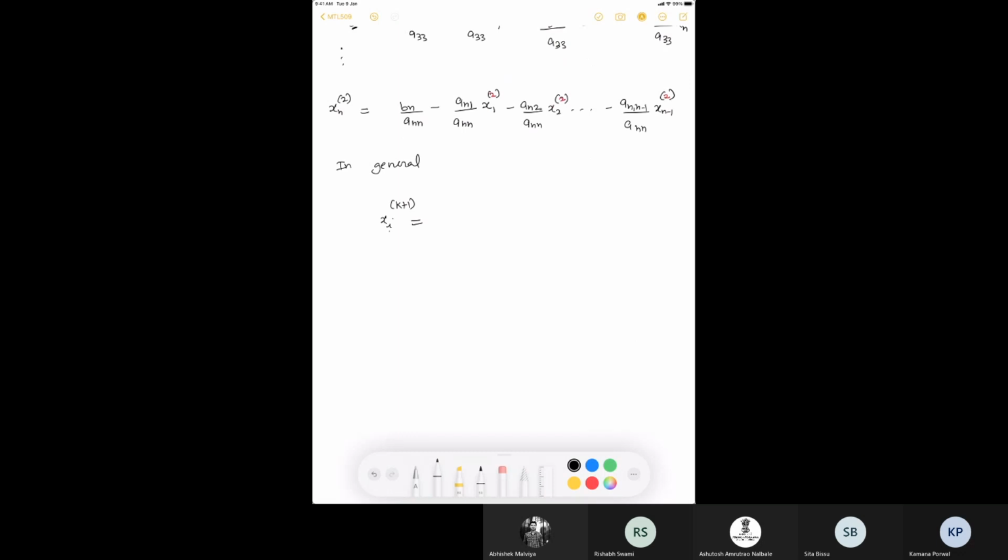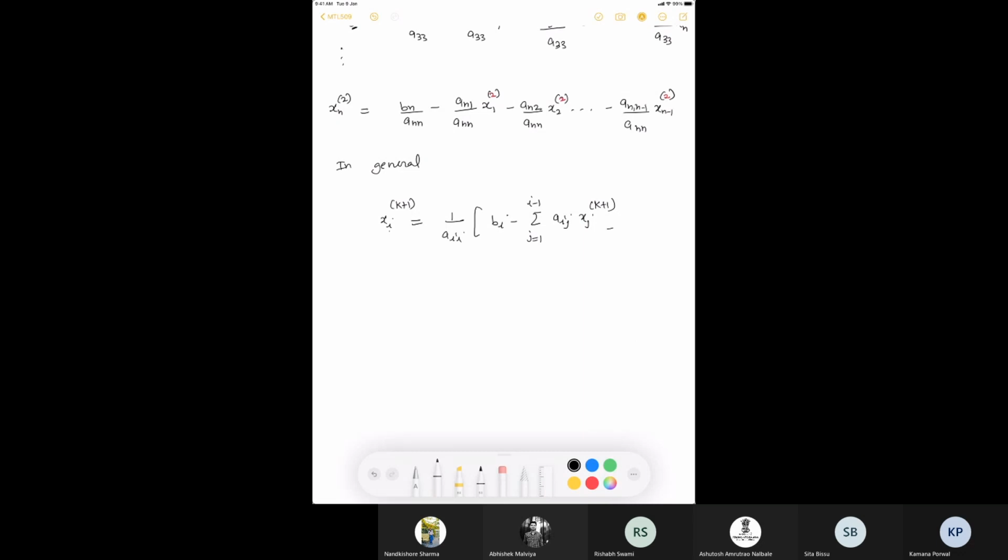So this is going to be 1 divided by aii, times bi minus the summation. First I write the terms from 1 to i minus 1, which come from the current iterate itself, so this is xj k plus 1.